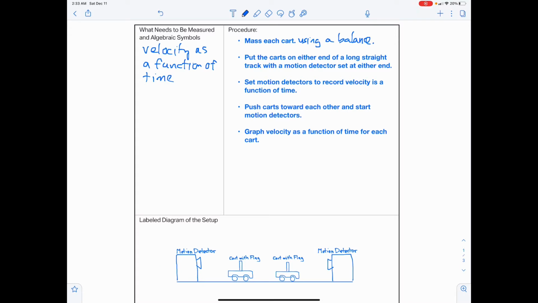You could then set the motion detectors to record the velocity as a function of time and then push each cart towards each other, like this. Then, as the carts approach each other, collide, and move away from each other, the motion detectors will send information to the computer to generate velocity as a function of time for each cart.